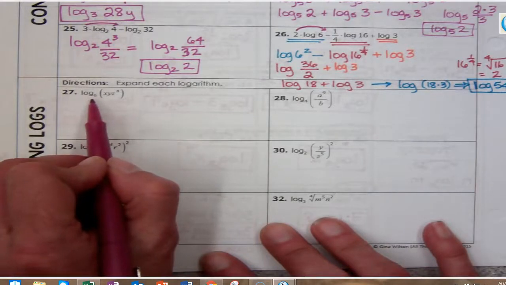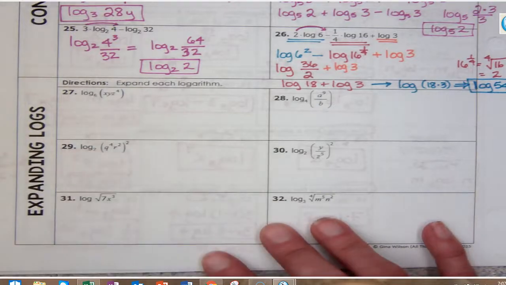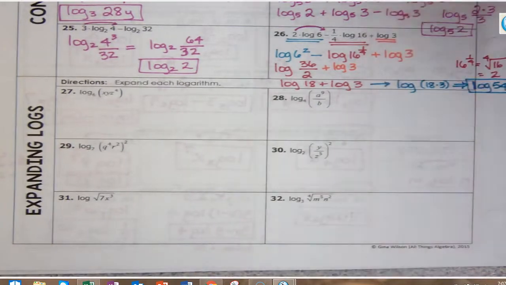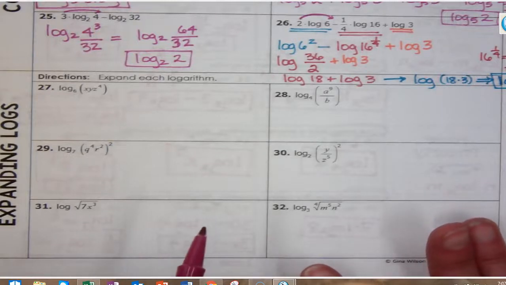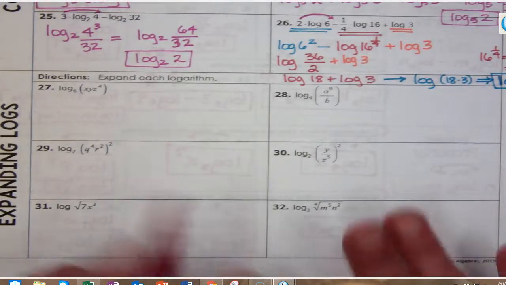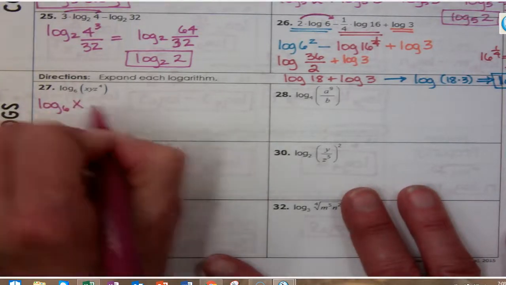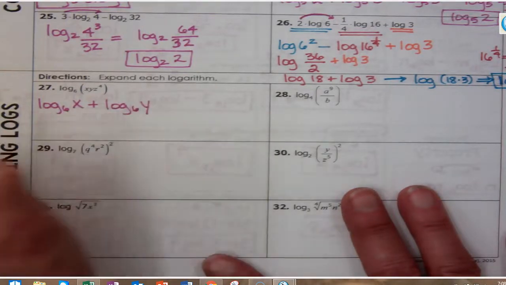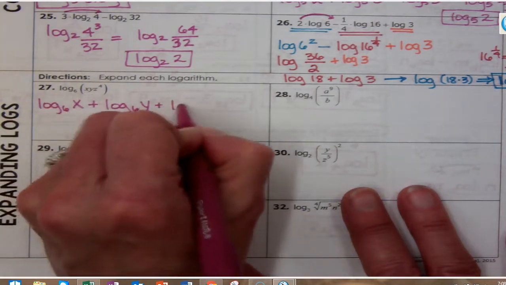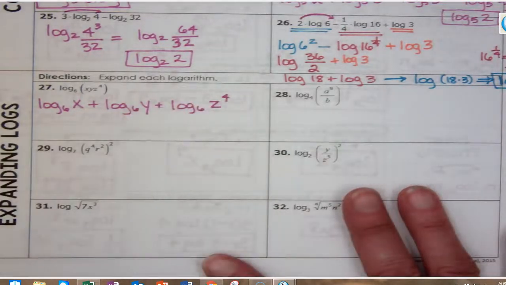All right, here you've got log base 6, multiply, multiply, multiply, raised to an exponent. So we know that when we multiply, we're adding. We probably are going to have 3 logarithms going on here. We've got log base 6 x plus log base 6 y plus log base 6 z to the 4th power.